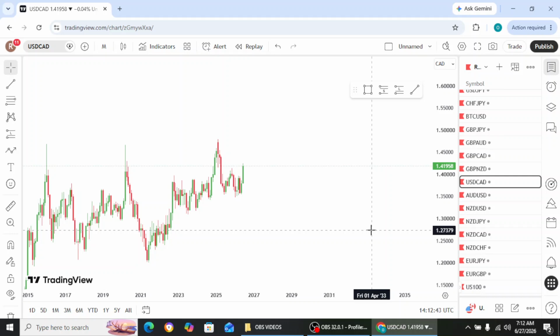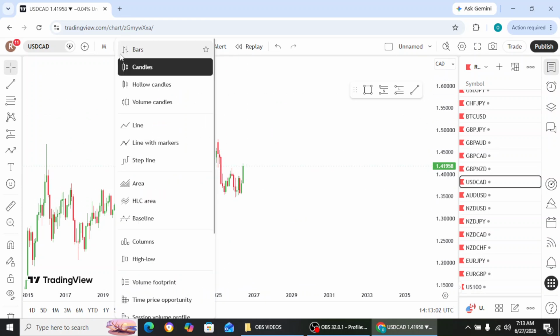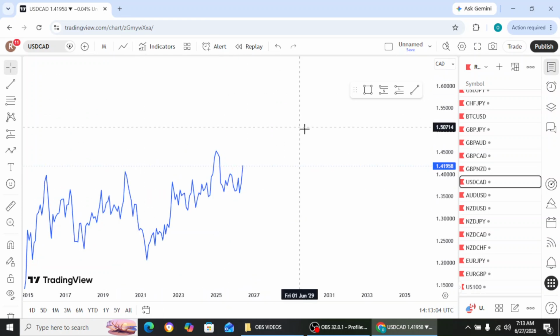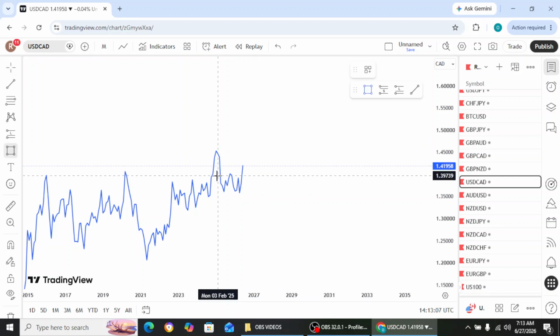The monthly time frame has been trending to the upside with a lot of retracement in between and consolidation. But if you look at what's going on here, you see a break from this structure. Okay, now let's get to our line chart so that we can see it clearly.